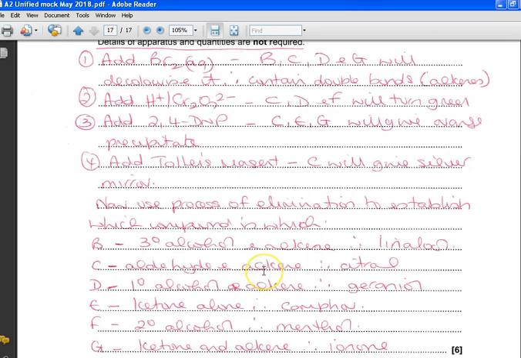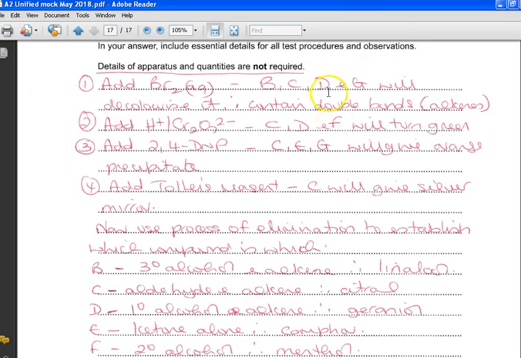And so on, really. Then you start to establish, okay, what else have we got? We've got D here. It turned the acidified dichromate green, so it could be a primary alcohol and an alkene.